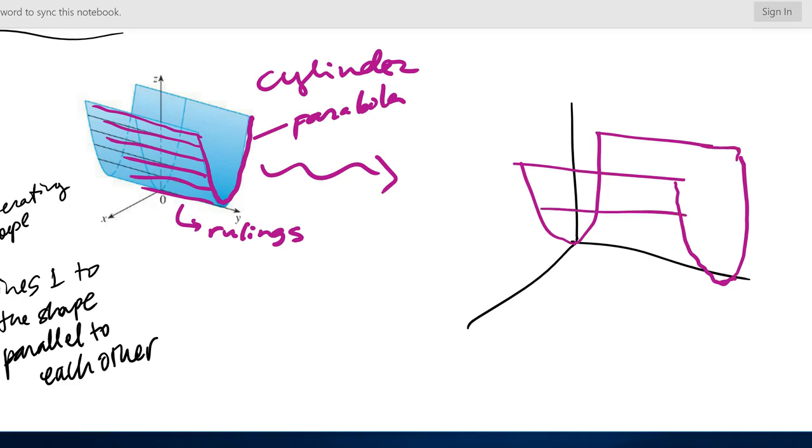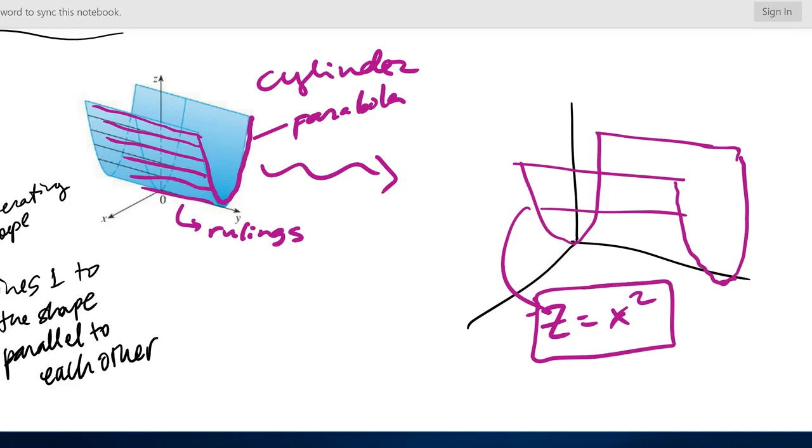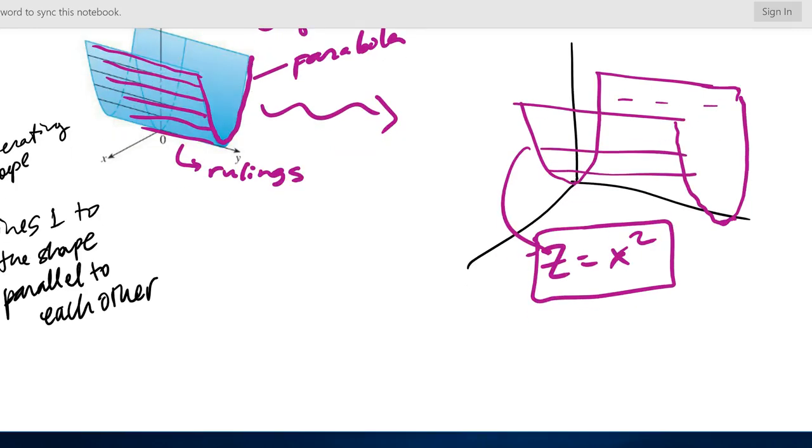This parabola is z equals x squared, and that is actually the equation of the cylinder formed by that parabola. Because this is the x-axis, the z-axis, and when you look at just x and z together, you have this parabola. That's this one here.